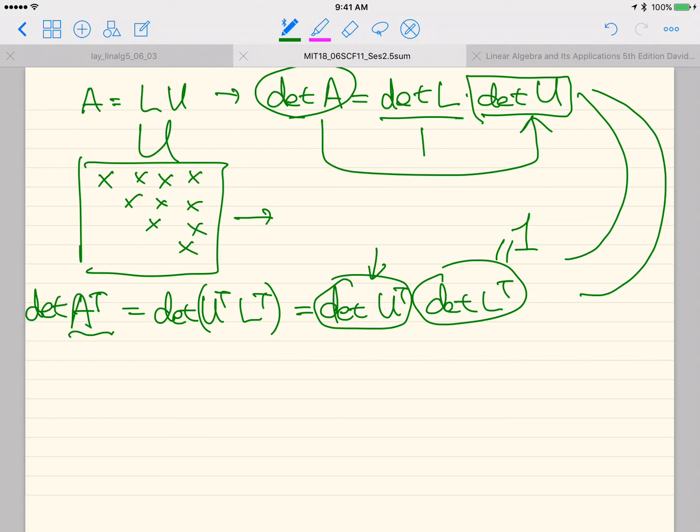Okay, and then let me ask this question. What if this matrix U is something like having a 0 somewhere along the diagonal? So the question is, what is the determinant where your matrix is upper triangular, for example.